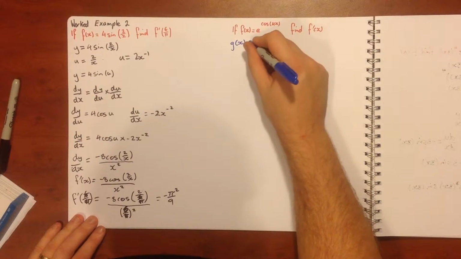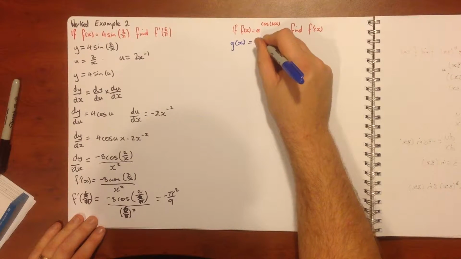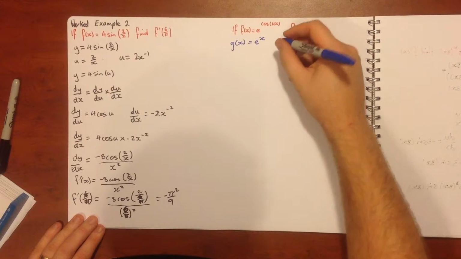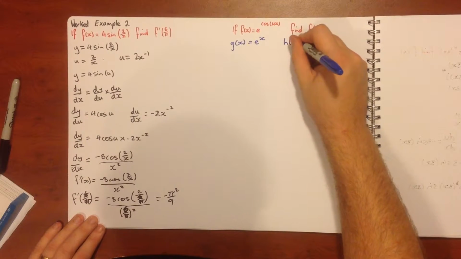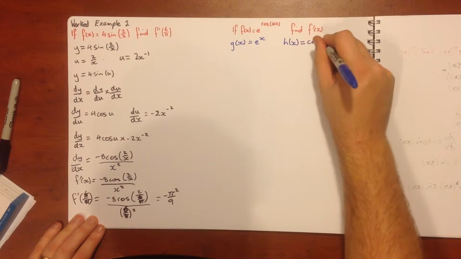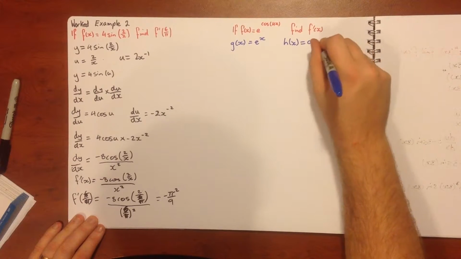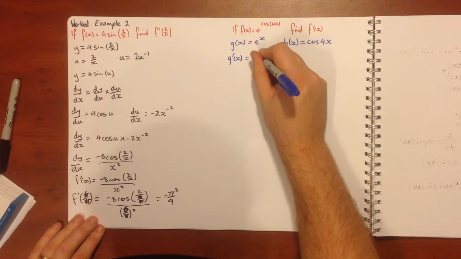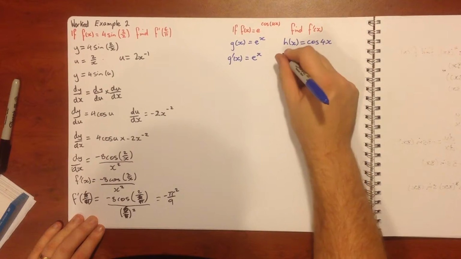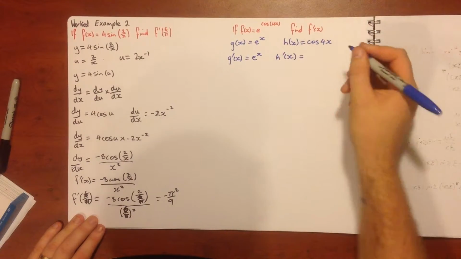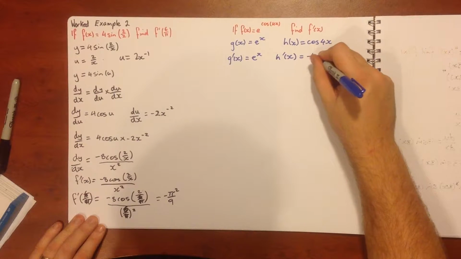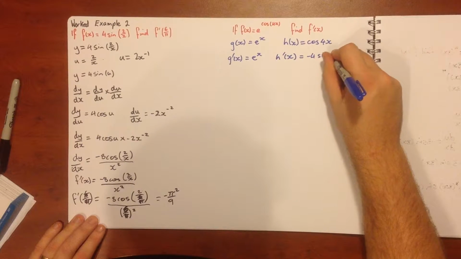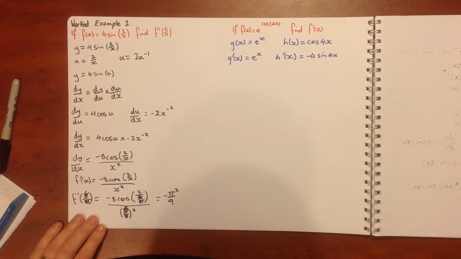g of x is going to equal e to the x, and h of x equals cos of 4x, so g dash of x equals e to the x, and h dash of x is equal to minus 4 sine of 4x. Now we can build it up here.